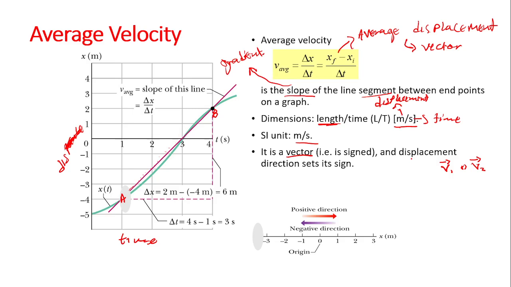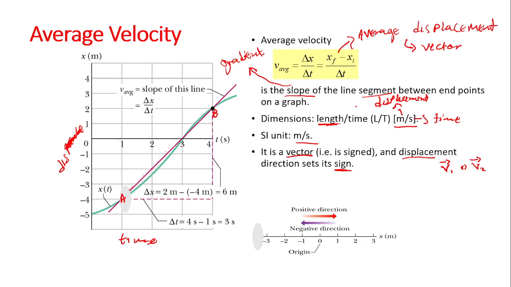Of displacement, because we know that displacement is also a vector quantity. That's the reason why you need to put the signs like we did in the previous part.